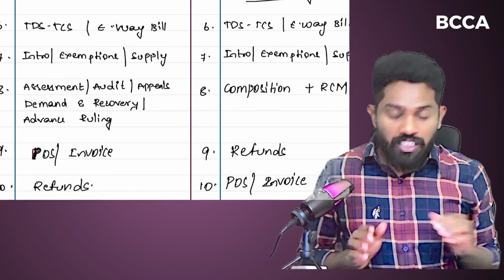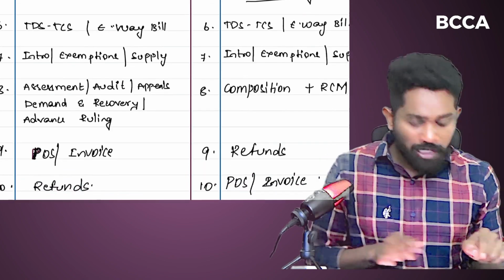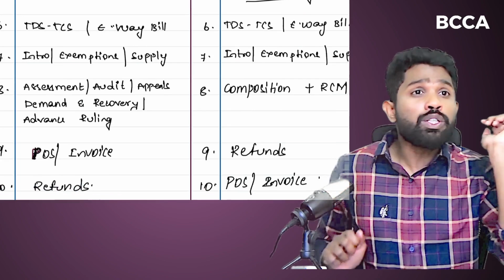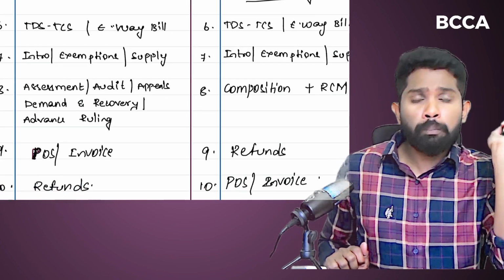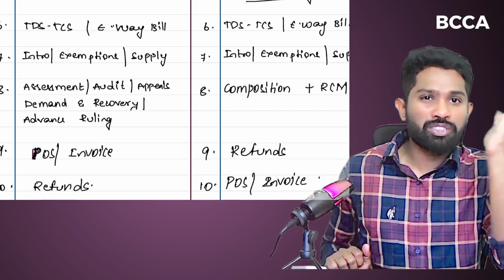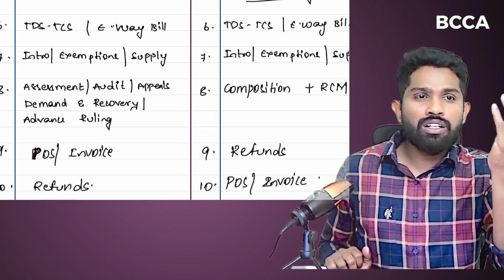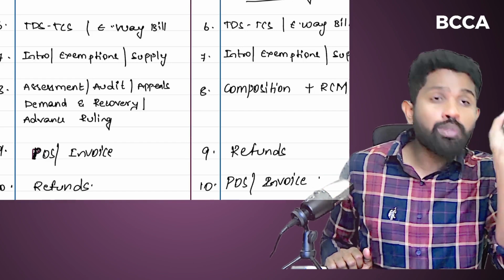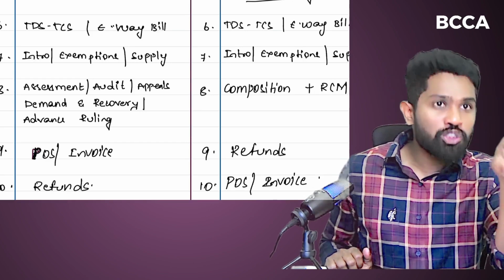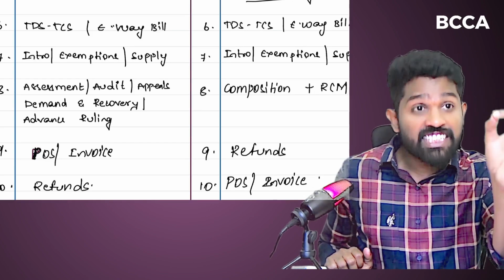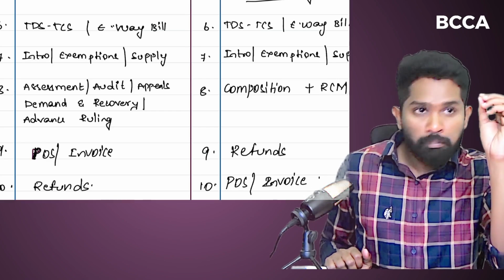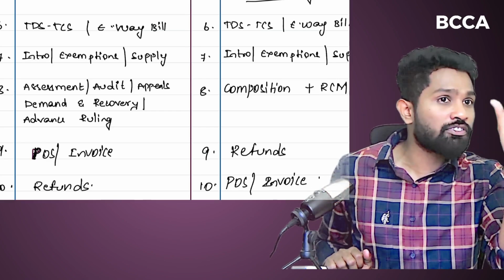Next, intro, exemptions, and supply. In the intro, the part you need to focus on in the old syllabus is constitutional provisions. In the new syllabus, along with constitutional provisions, the GSTN concept. My gut feeling is there might be a question from GSTN.